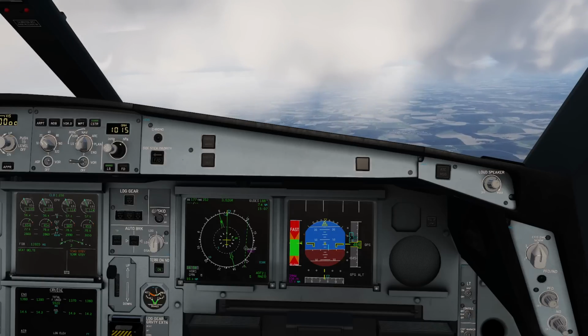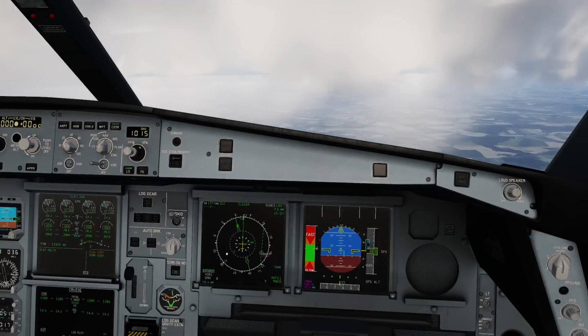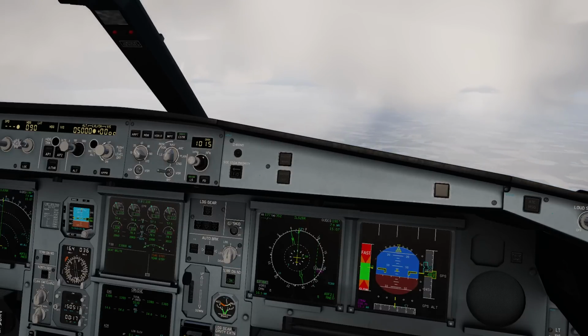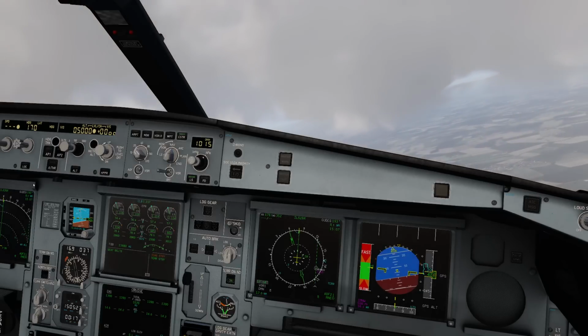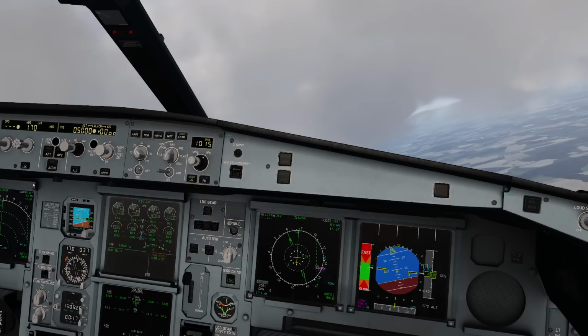Okay, so let's go ahead and start our base turn. It's going to be a heading of 170. Now let's talk about how we can actually fly on the backup speed scale. Now, let's say that for whatever reason we didn't want to return to our departure airport.